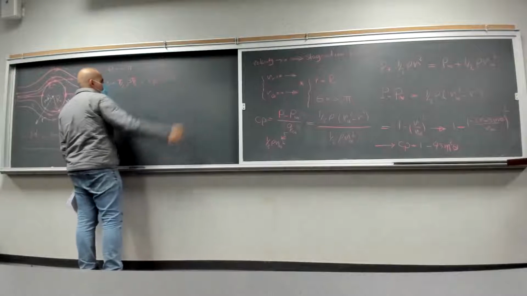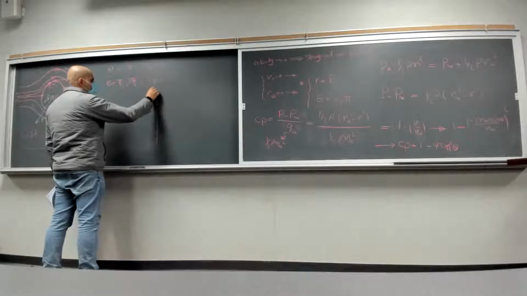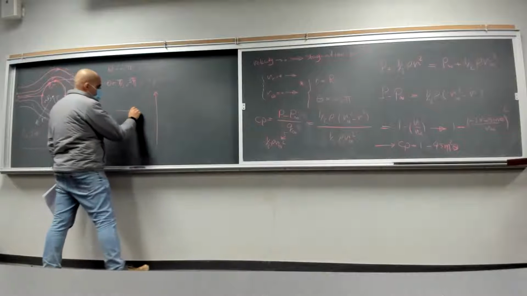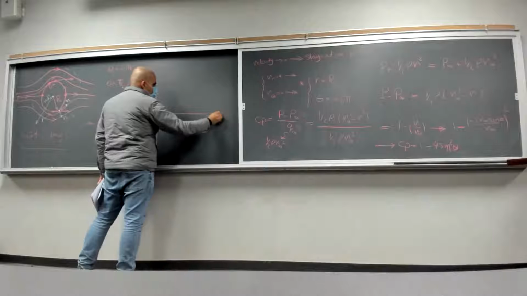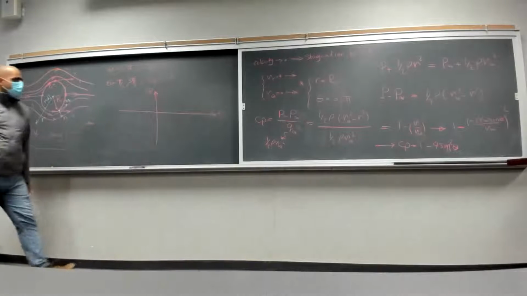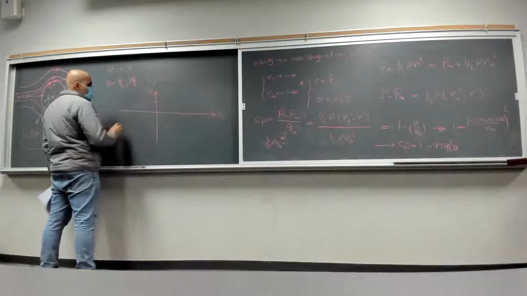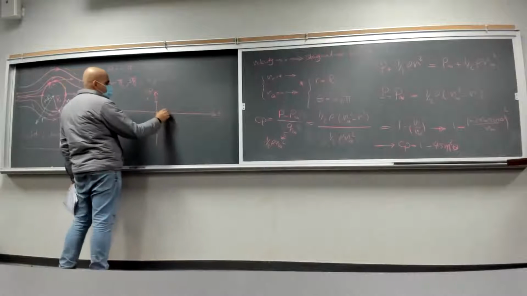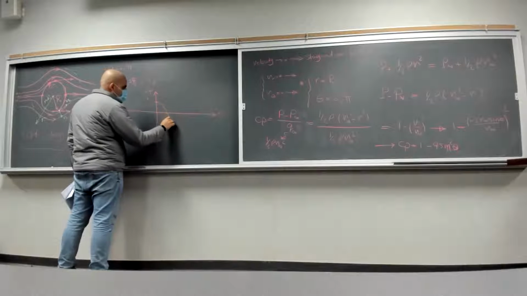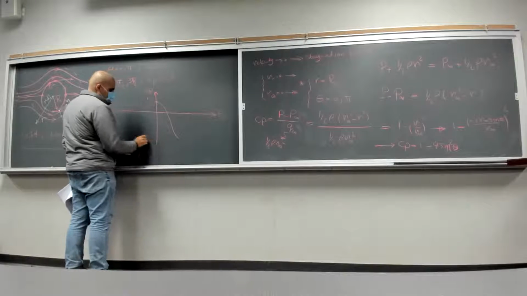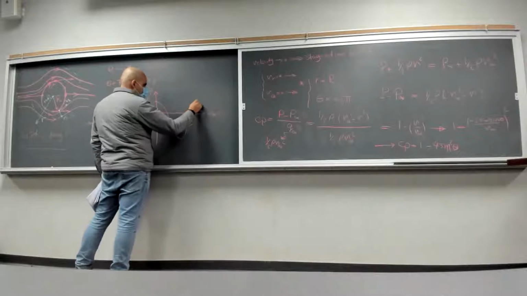Exactly. So if you want to have a graph of how CP changes with theta, at theta 0, we're going to get 1. Then it will go down to -3, and go back up to 1.